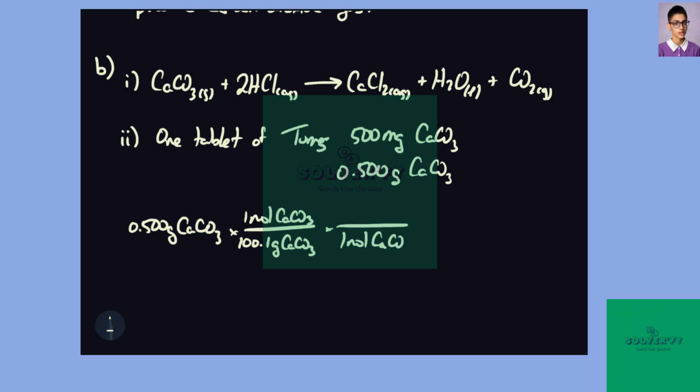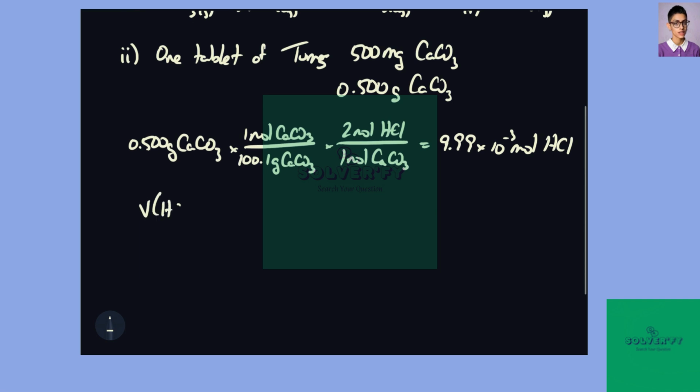1 mole CaCO3, 2 moles of HCl, and this would yield 0.5 divided by 100.1 times 2, 9.99 times 10 to the negative 3 moles of HCl. And let's find the volume of HCl, which is equal to moles over the concentration. 9.99 times 10 to the negative 3 moles divided by 0.500 molar, the concentration of the HCl.